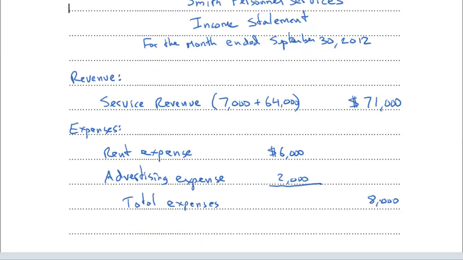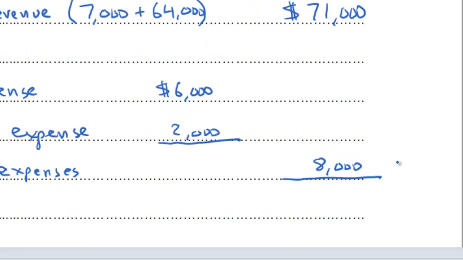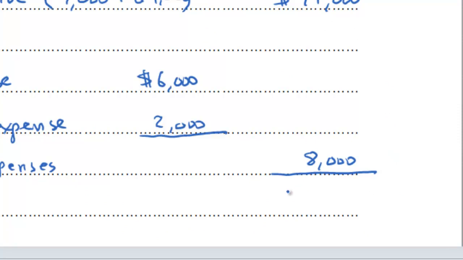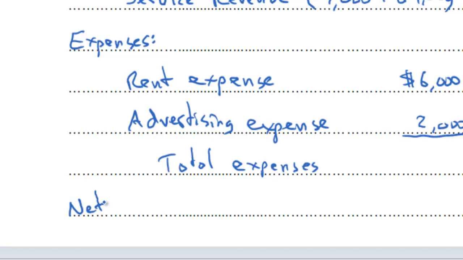We can then do some math, do a little bit of subtraction, and realize that we end up with a net income equal to $63,000. And so that is the income statement for Smith Personnel Services. This shows how much income was earned over the month of September 2012.